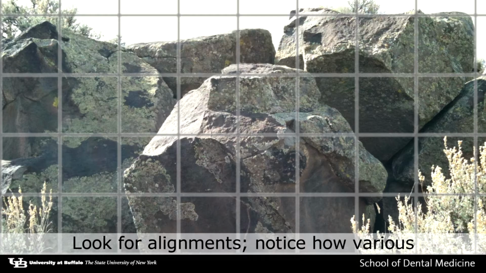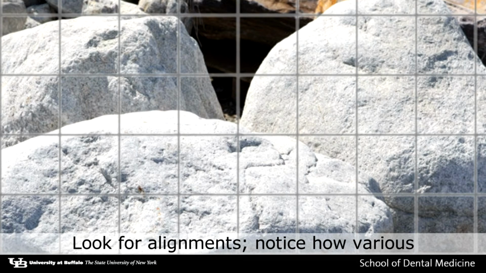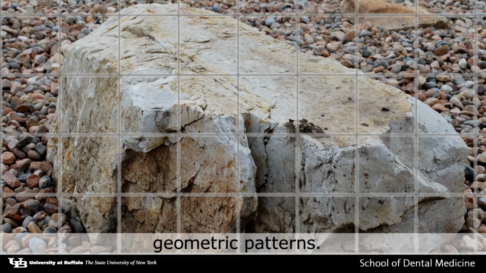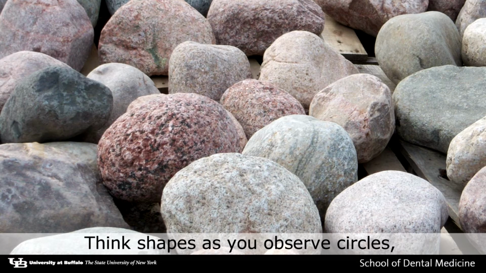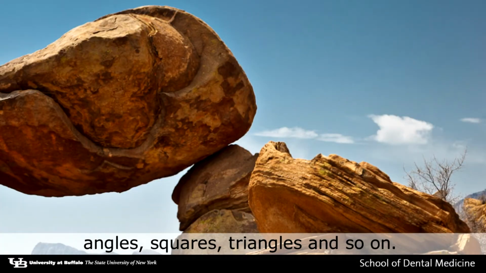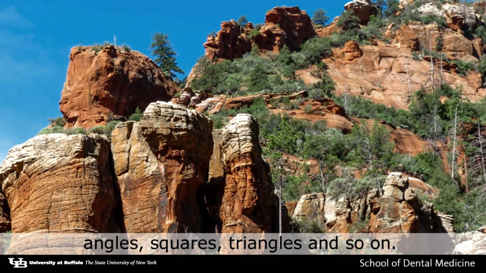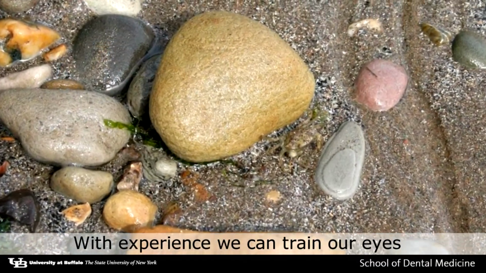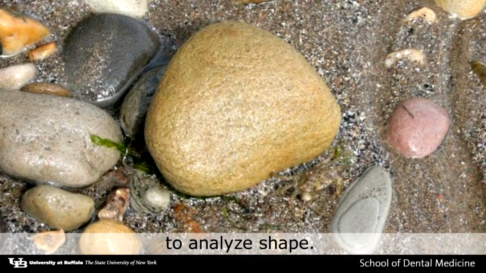Look for alignments. Notice how various parts or points line up or form geometric patterns. Think shapes as you observe: circles, angles, squares, triangles, and so on. With experience, we can train our eyes to analyze shape.